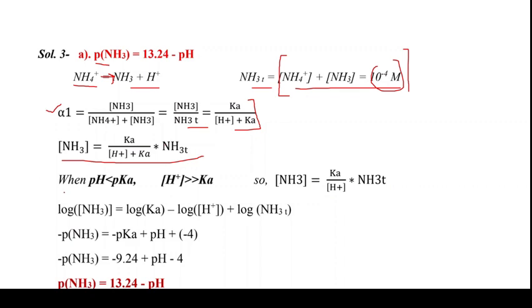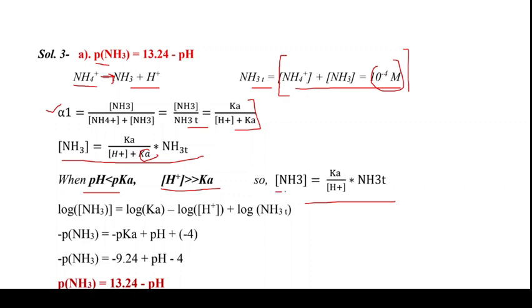Now, when pH is equal to pKa, we have H plus so much greater than Ka. Then just by this, H plus is so much greater than Ka, so this Ka can be ignored. So NH3 is equal to Ka upon H plus into NH3 total.